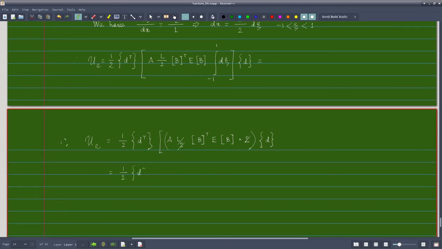d transpose into, now I will write AE and then I'll put the value of B transpose. What was my B transpose?